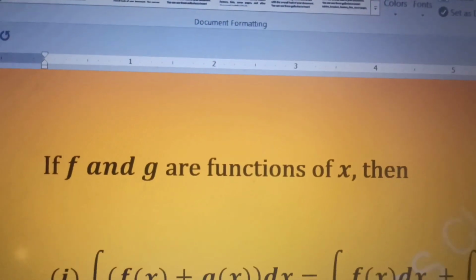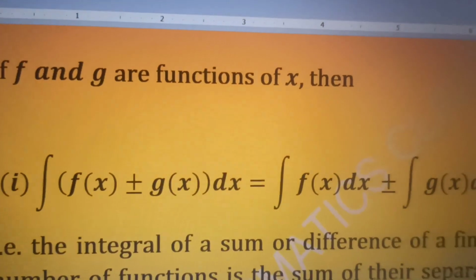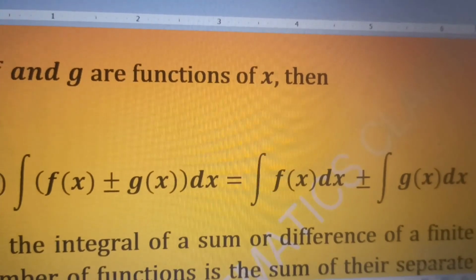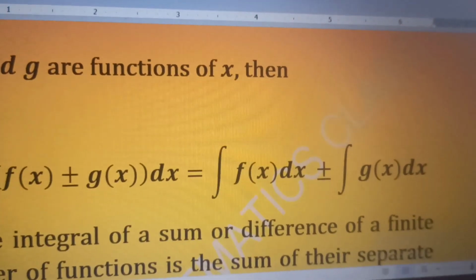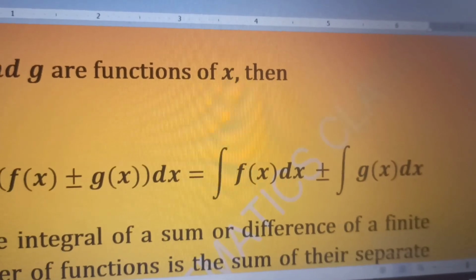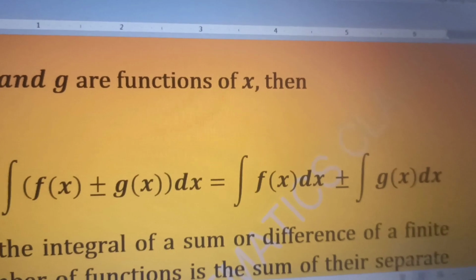If f and g are functions of x, then the first one here is the integral of f of x plus or minus g of x dx is equal to the integral of f of x dx plus or minus the integral of g of x dx.